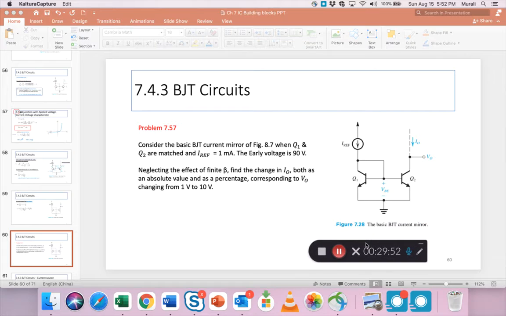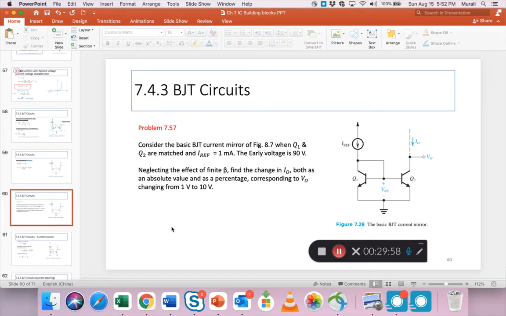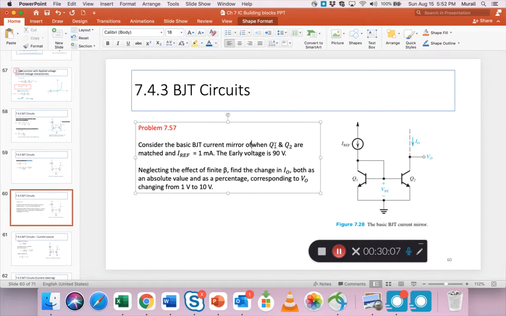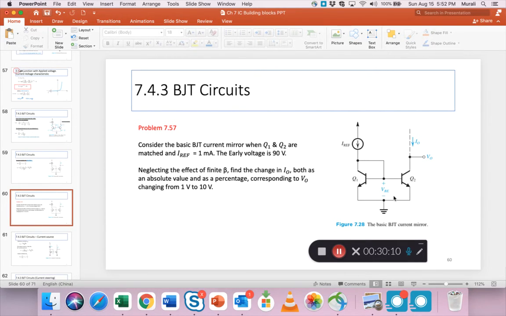All right. So 7.57. Okay. So here, of the figure, Q1 and Q2 are matched and I reference is 1 milliamp.